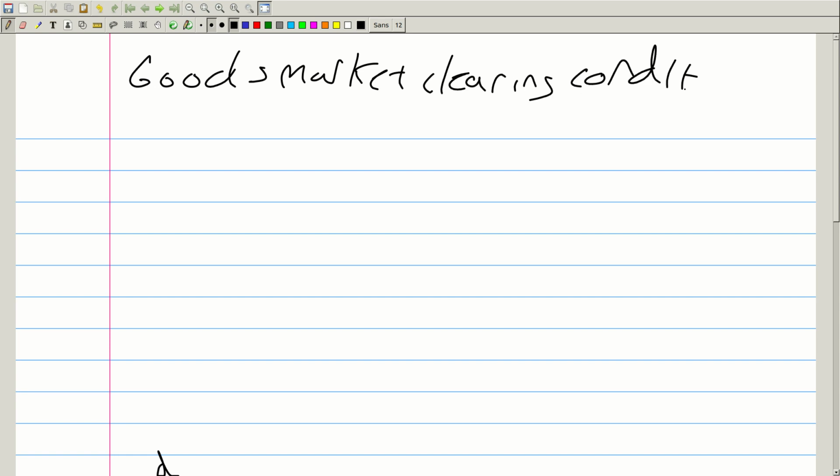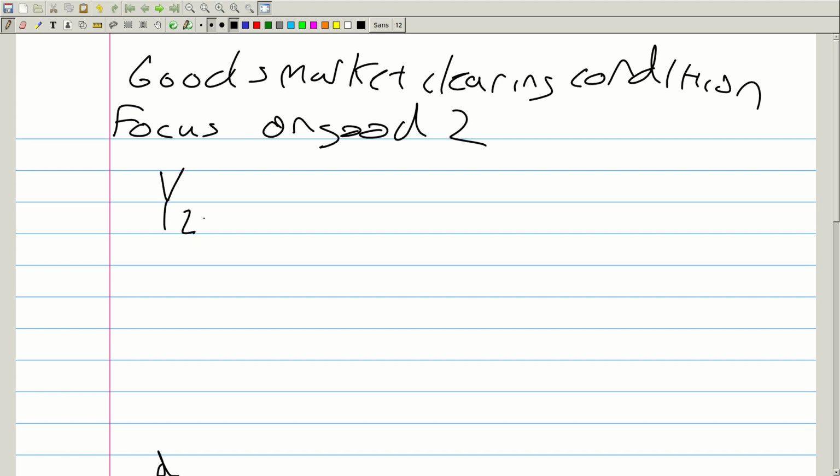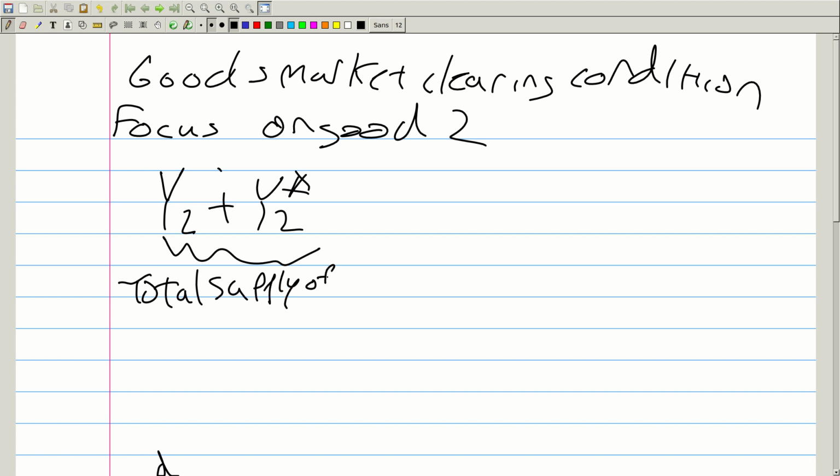And let's consider the example from before. So let's focus on good 2. What is the goods market clearing condition? It just says that if we think about good 2, and we think about consumption of good 2 by home, and consumption of good 2 by foreign, and if we think of production of good 2 at home and production of good 2 in foreign, then this is going to be total supply of good 2.